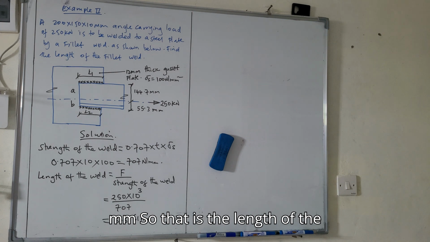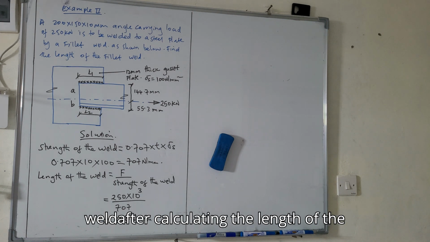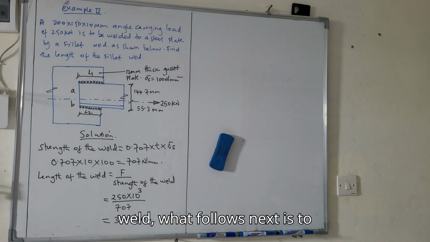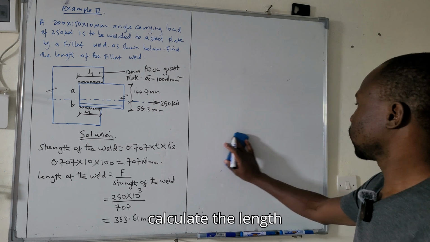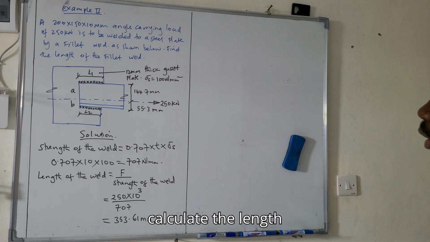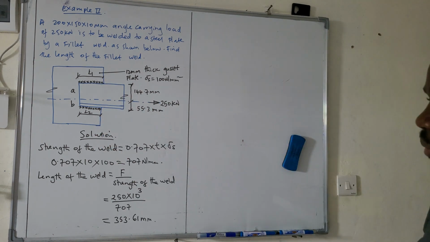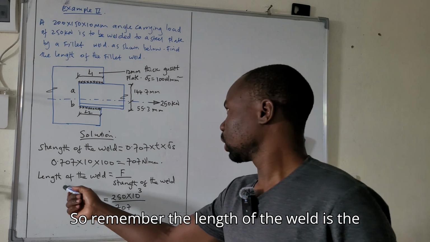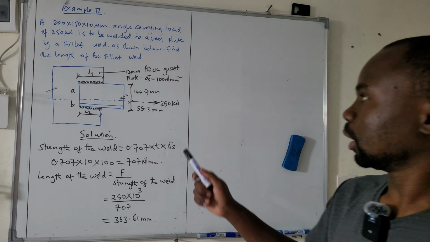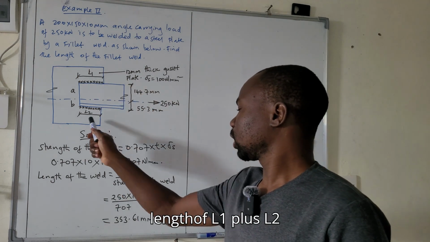So that is the length of the weld. After calculating the length of the weld, what follows next is to calculate the length of L1 and L2 respectively. So remember, the length of the weld is the length of L1 plus L2.